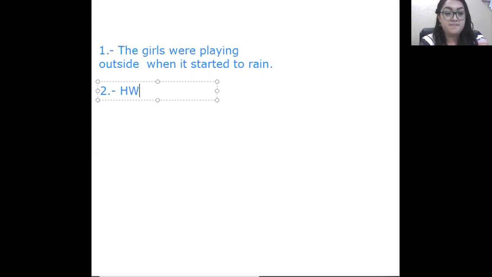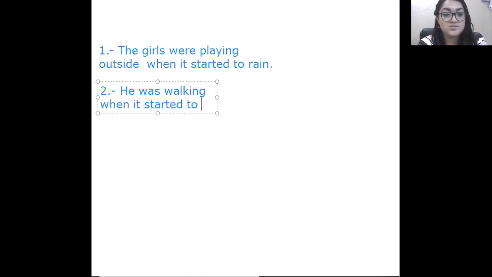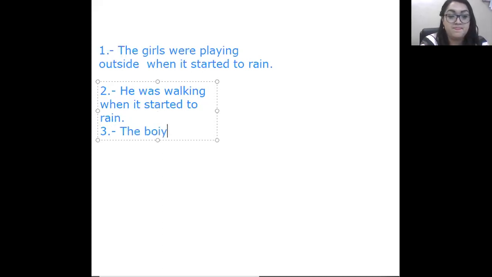He, él, he was walking, él estaba caminando when it started to rain. Él estaba caminando cuando empezó a llover. Now let's check the next picture. It is a kid.